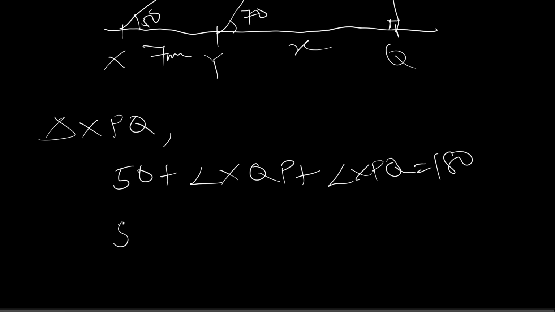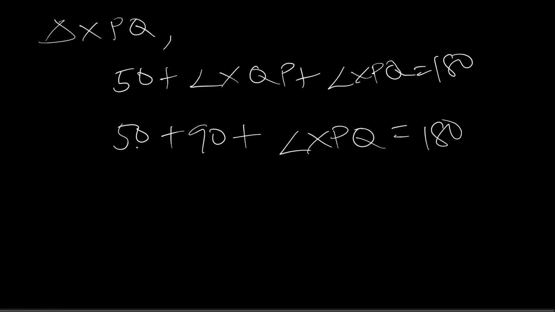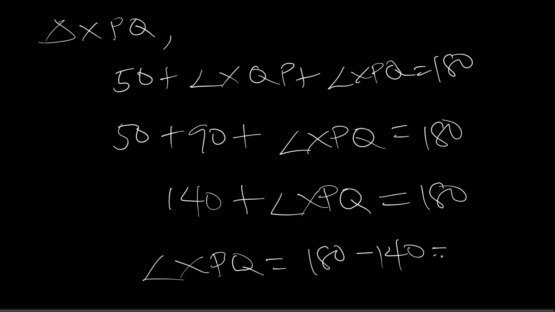So we have 50 plus 90 plus angle XPQ is equal to 180. Now 50 plus 90 is equal to 140, plus angle XPQ is equal to 180. So angle XPQ is equal to 180 minus 140, and that's equal to 40 degrees.